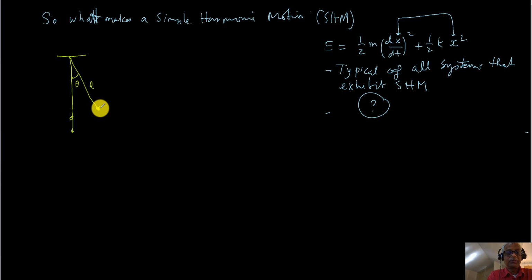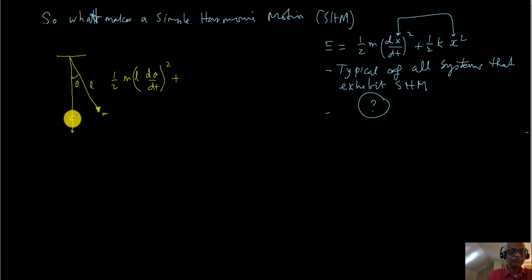What's the speed? Well, you can use polar coordinates, and L d theta dt will be the speed, and so half m times this squared will be the kinetic energy, where m is the mass.